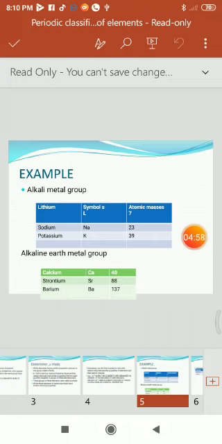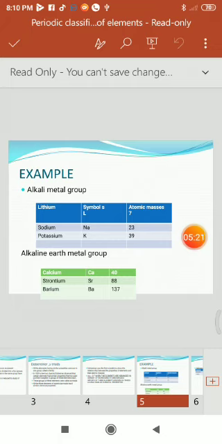Lithium, sodium and potassium are called alkali metals because they react with water to form caustic solutions.